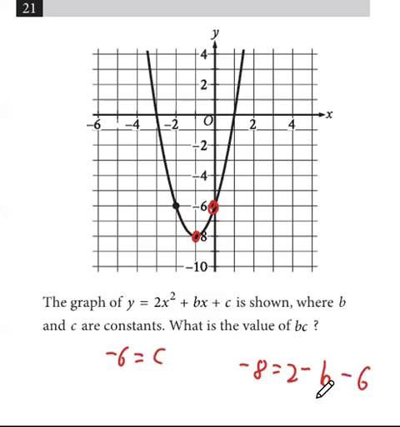So now we can simplify. So 2 minus 6 is negative 4. So we have negative 4 minus b. Add 4 to both sides. We get negative 4 equals negative b, or b is equal to positive 4. And what is the value of bc? Negative 6 times 4 is negative 24. So the correct answer is negative 24.